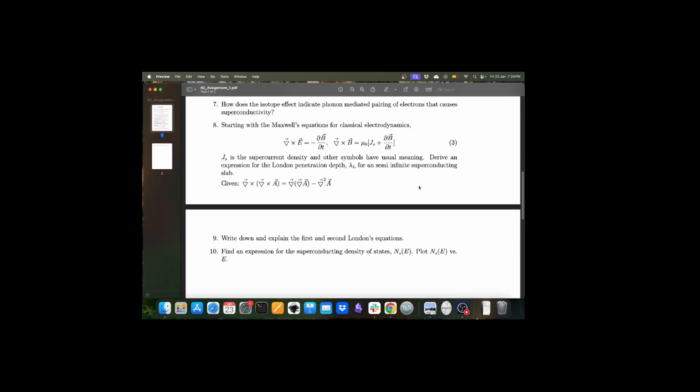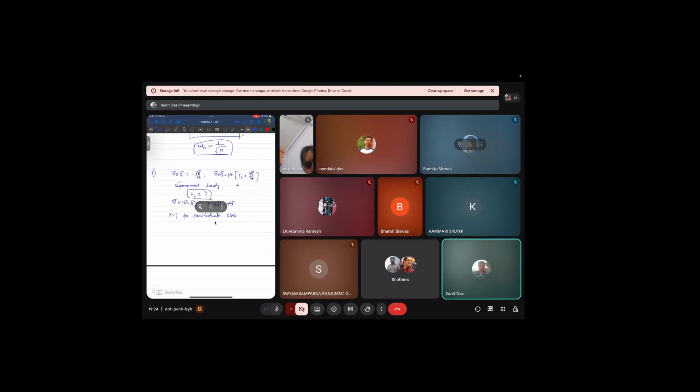Okay, so lambda L equals, I mean, the expression for a semi-infinite slab. So this we need to find.